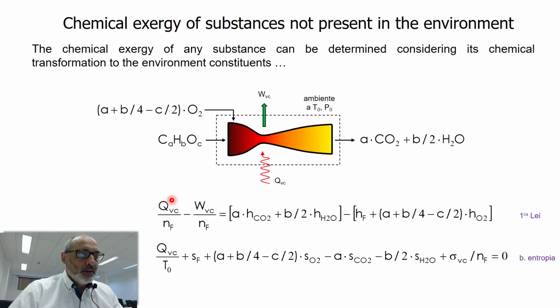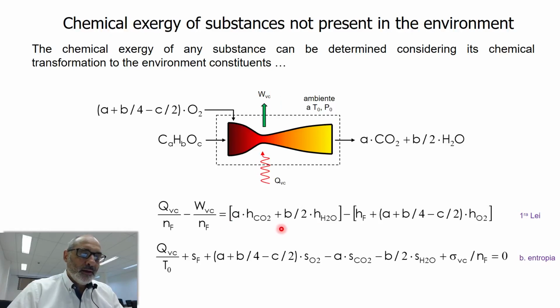So the amount of heat supplied to the control volume, and this is to respect our convention, divided by the molar flow rate of fuel, in order to have a specific quantity here, minus a positive amount of work, which means it's coming out of the control volume.